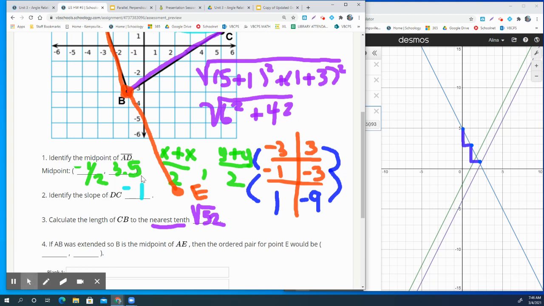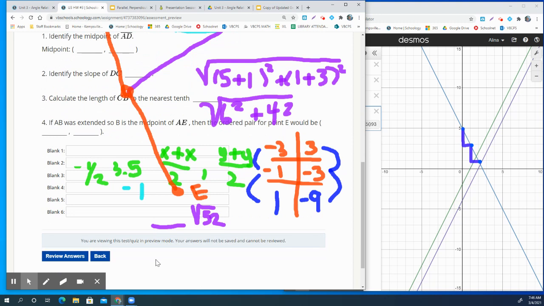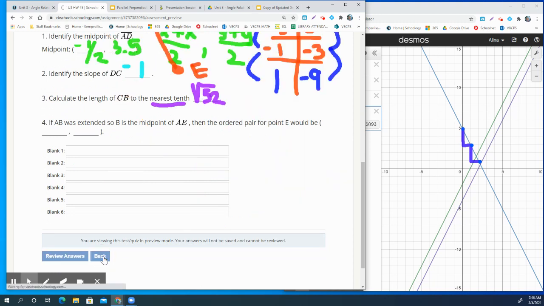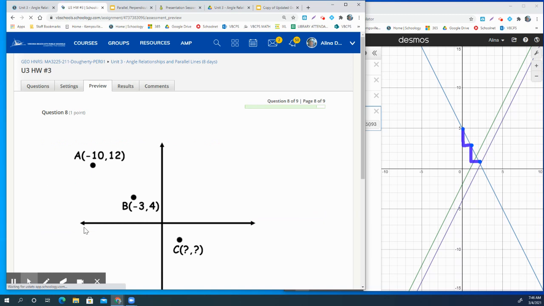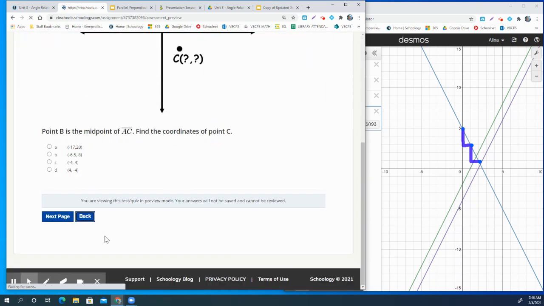It's really easy to get confused with all the X's and Y's. So let me go quickly back, well, as quickly as my computer will allow me, back to question 4. And then we're going to do a little Desmos activity.